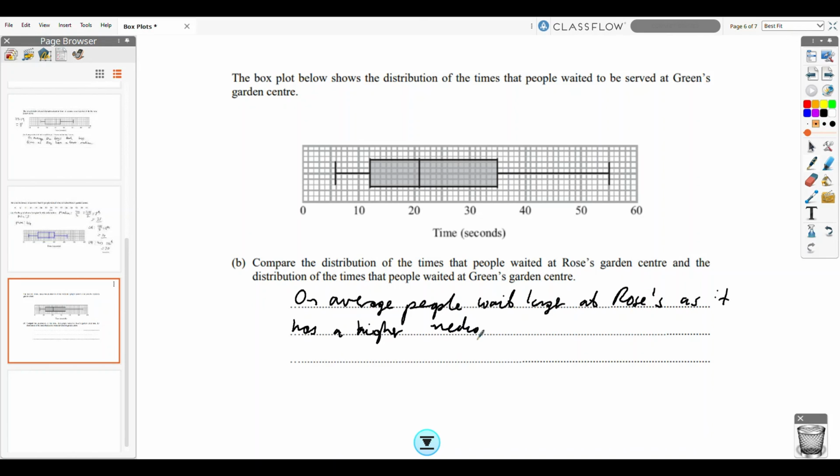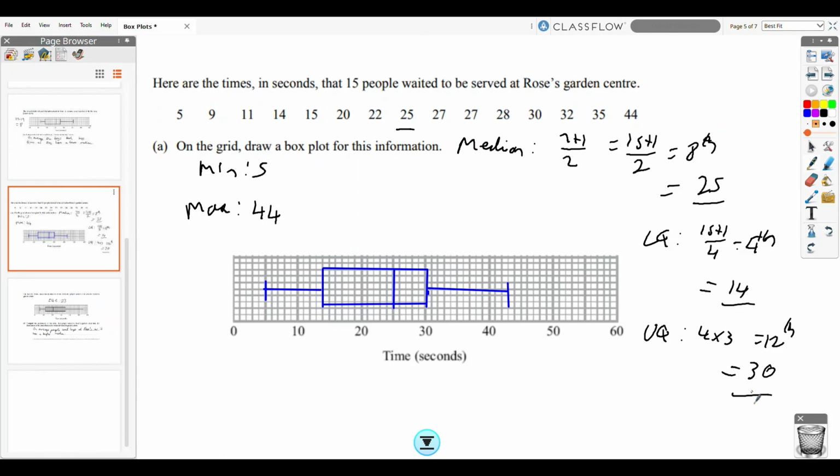Then if we're comparing the IQRs, here we're going 35 to about 12. So the IQR in this one is about 23. And then in the first one, 30 take away 14, the IQR is about 16.